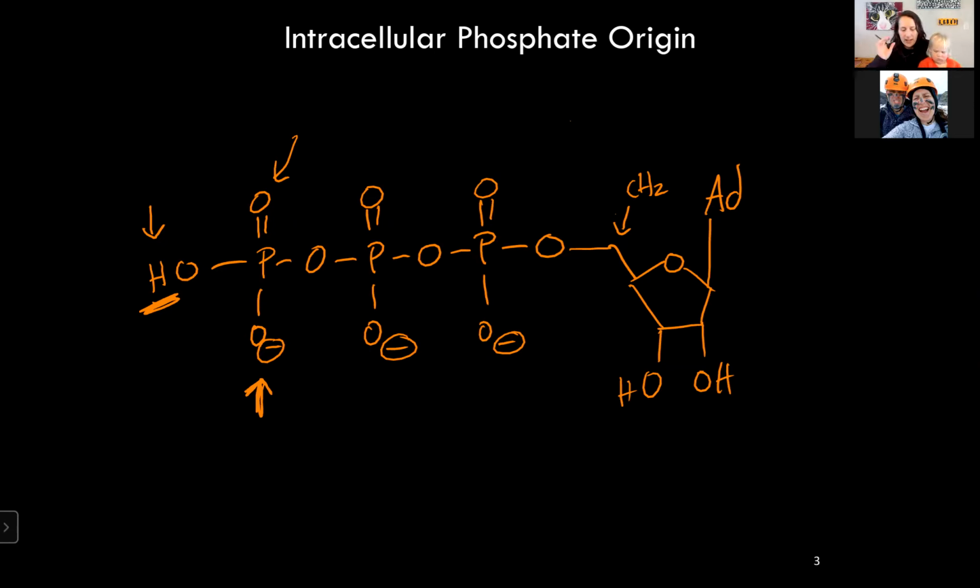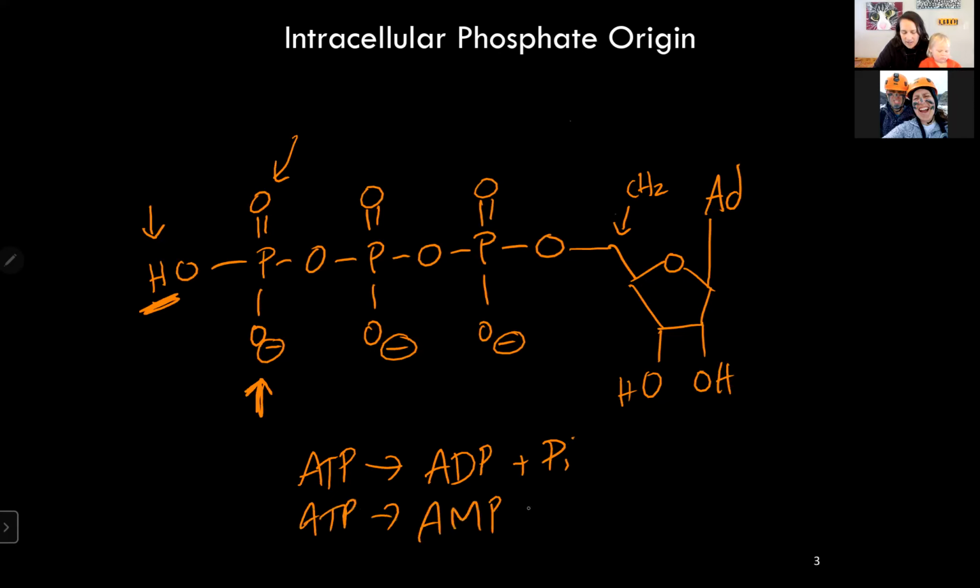All right, so ATP is the currency of the cell. And we usually see a couple reactions. ATP can be broken down into ADP and free phosphate, or ATP could be broken down into AMP plus what's called inorganic pyrophosphate, which is 2.